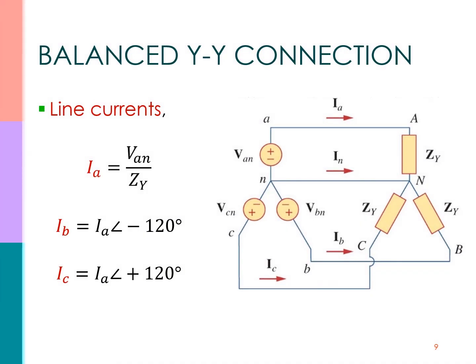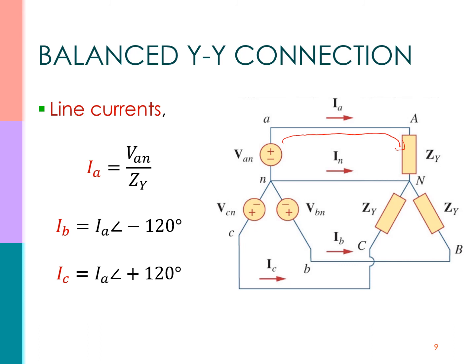In calculating line currents, we can apply KVL to each phase in figure 12.10. So we can obtain the line current as VAN over the load Y impedance. You know that current flows from VAN through line A, then through the load impedance.